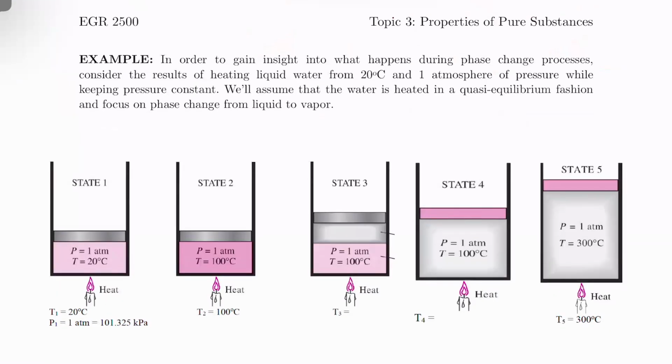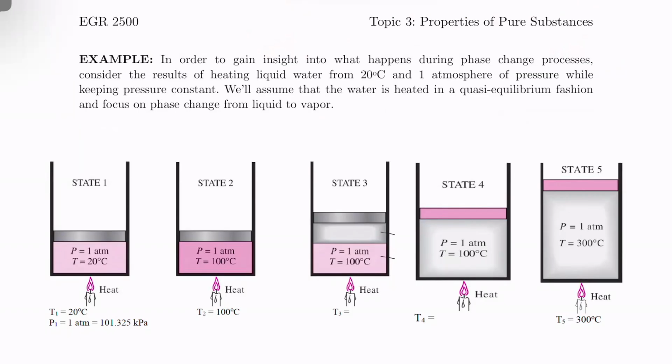So to talk about these different state changes and how we traverse the different states and some terminology, we're going to talk about a piston cylinder of water with heat being applied to it as an example.